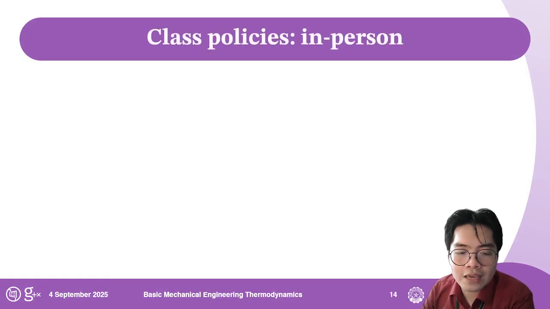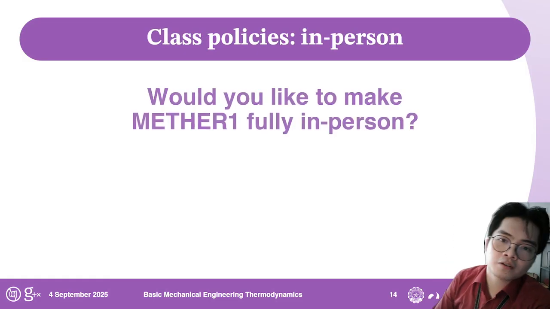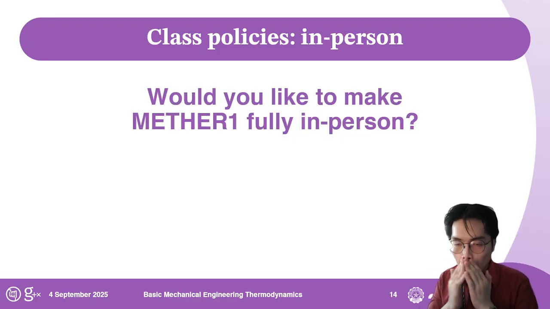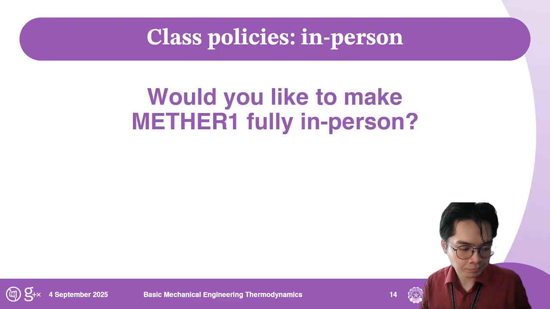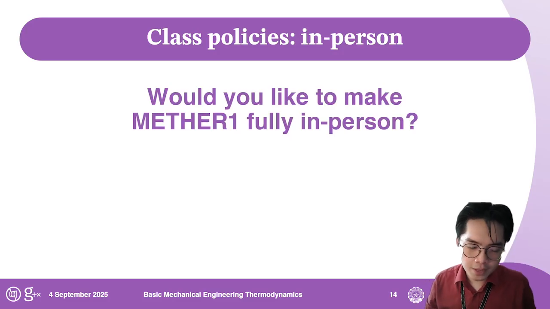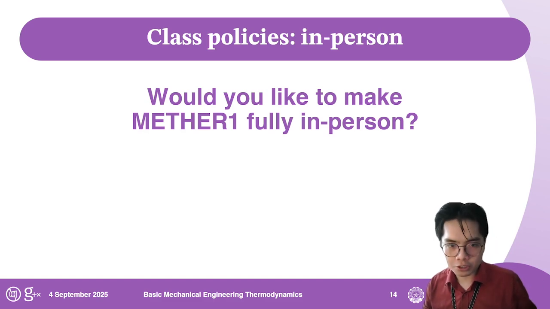Now, for the in-person, I will be setting this after all of the classes are over, right? Would you like to make METHER1 fully in-person for your class? The thing about this is that METHER1, right, that same class that I taught, gave me a lot of feedback in the format of, sir, I would have appreciated it if we were fully in person.